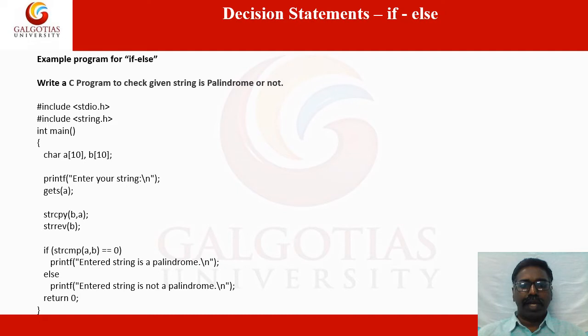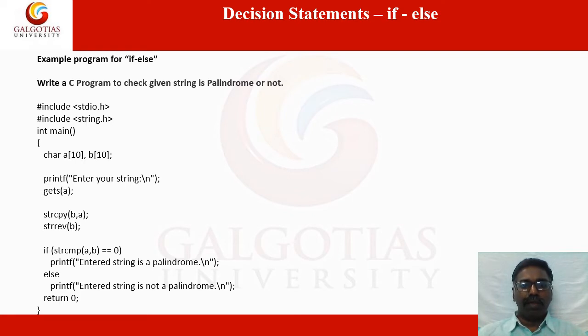We are going to get a string from the user, reverse the string, and then compare the given string with the reversed string. If both the strings are the same, then it is called a palindrome. For example, the language name Malayalam. If you reverse it, it again spells Malayalam, so it is a palindrome word. That is the meaning of palindrome.